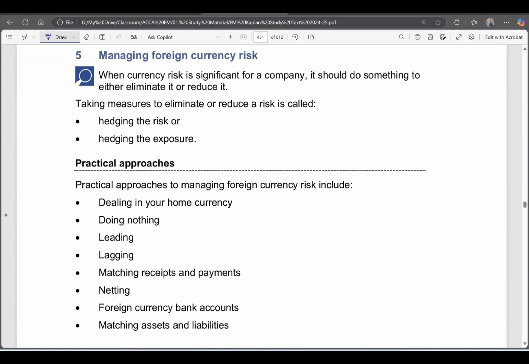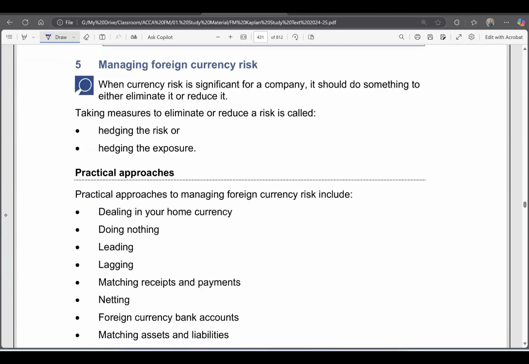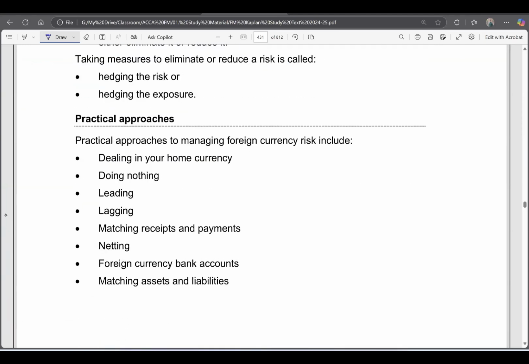So what approaches can you take to deal with transaction risk? One of them is dealing in your home currency. What does that mean? One of the best ways to avoid exchange rate risk at all is to deal in your local currency.